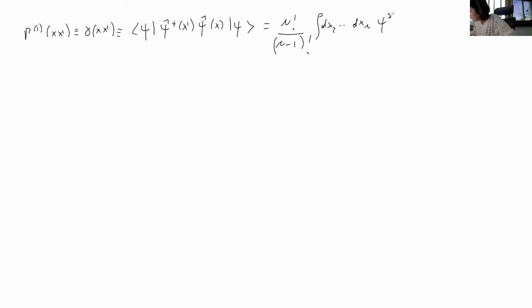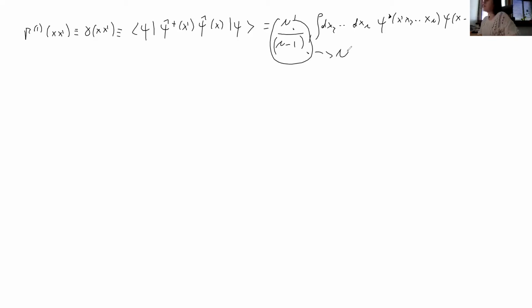So first observation, you can immediately see from this definition, of course, pay attention that this is just n, all this prefactor reduced to n.